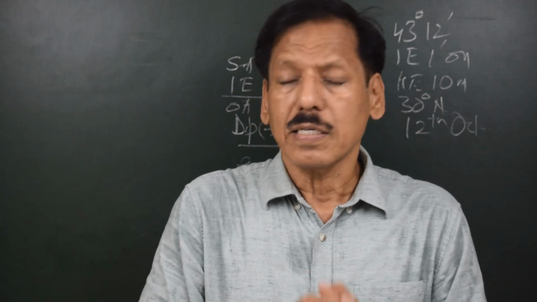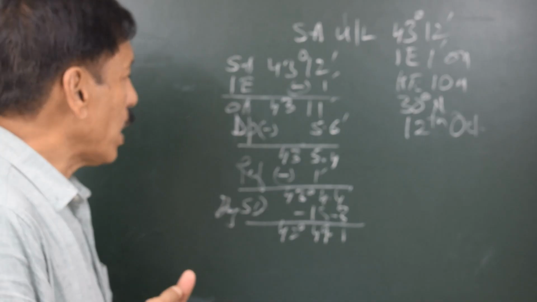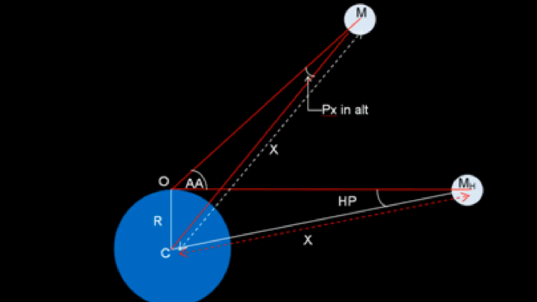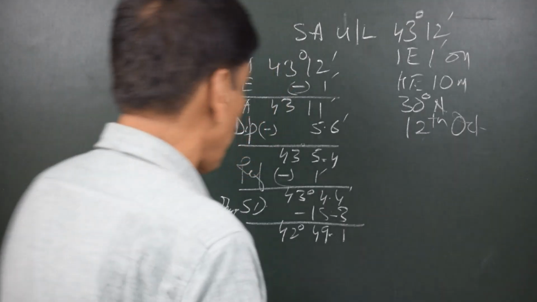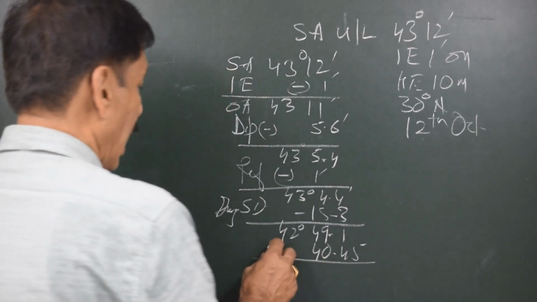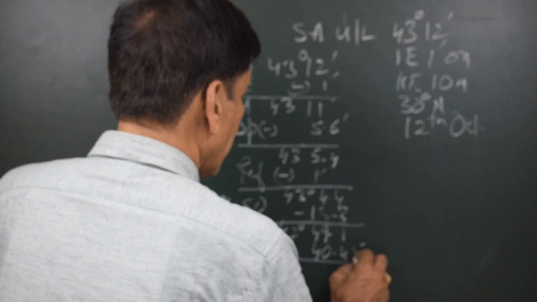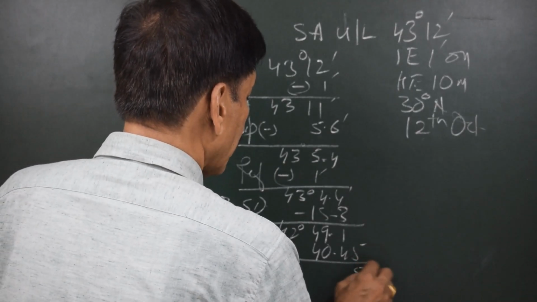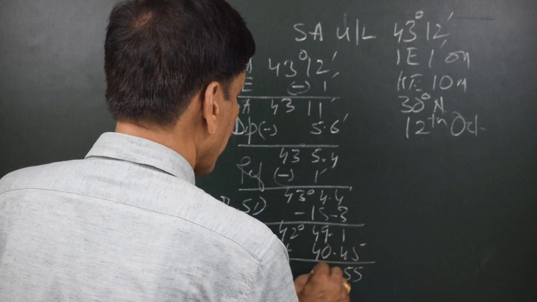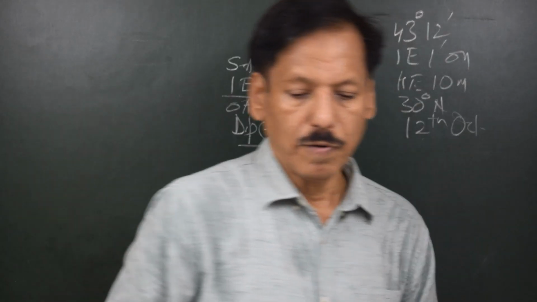That reduced horizontal parallax multiplied by cos of apparent altitude will give you the parallax in altitude. When you do that, you will find that the parallax in altitude is 40.45, and parallax in altitude is always positive. So the final true altitude that I get is 43 degrees 29.55 minutes. This is the true altitude.